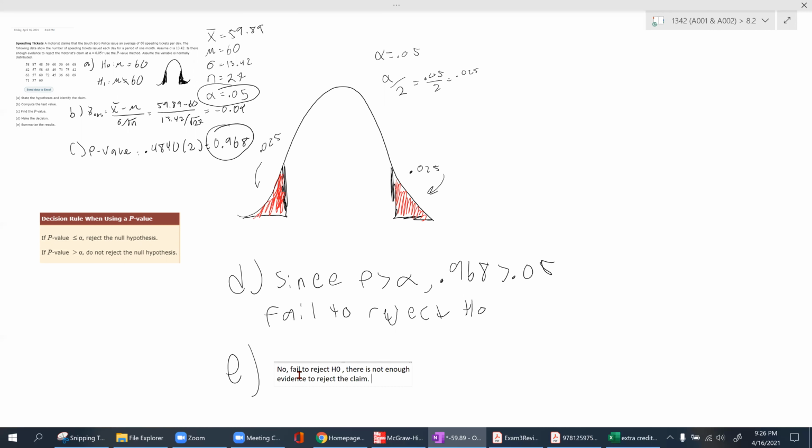So you want to answer no to the question: is there enough evidence to reject the motorist claim? No, there is not.